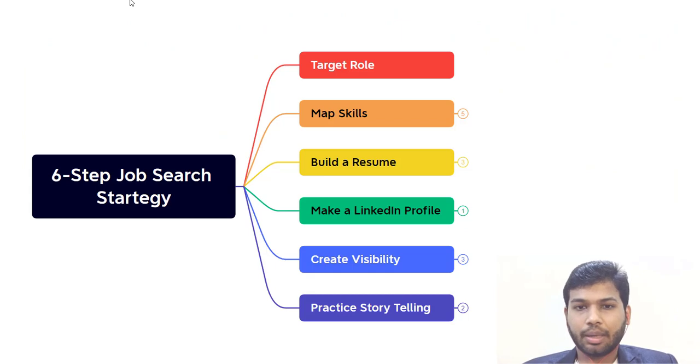As you can see in the mind map, the first step in creating a strategy is targeting a role. Say, for example, I'm an engineer and I want to move to a project management role.